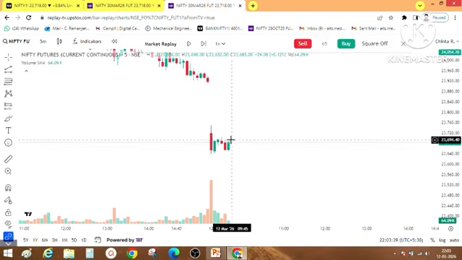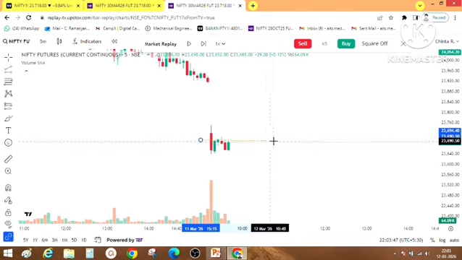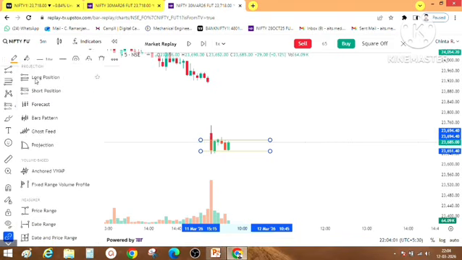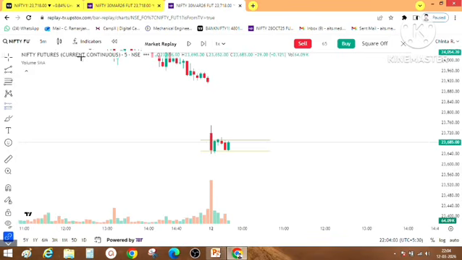Here you can see day's low is acting as some support, so that has to be taken as our bottom line, and candle's high will be taken as top line, because day low will be acting as support.